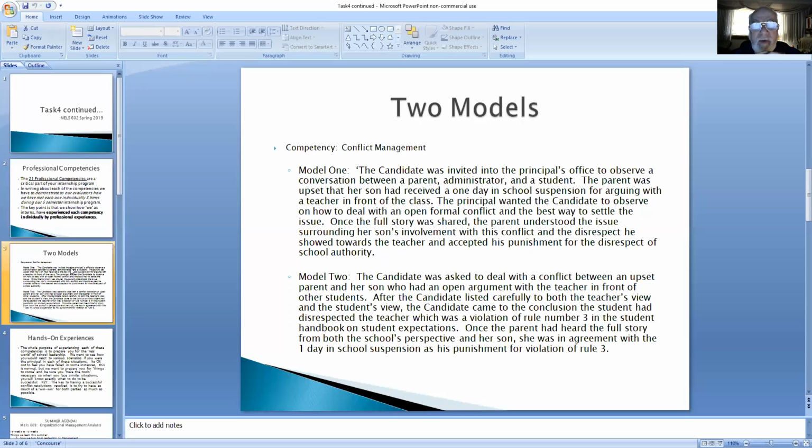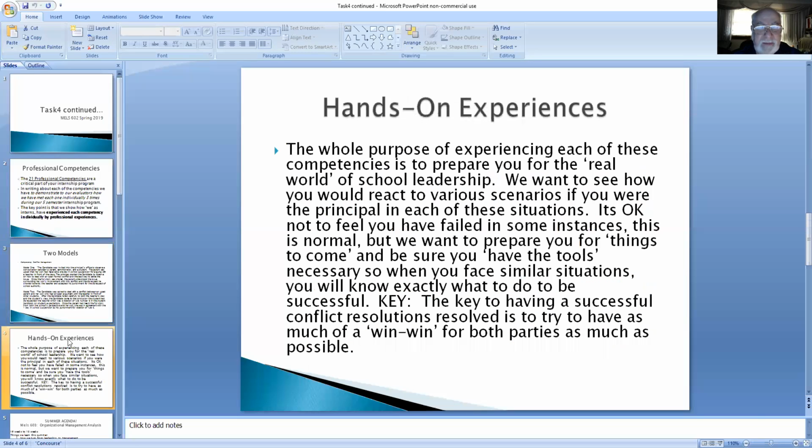So when I run into it, I'm going to give it back to you and ask you to find a time or give a scenario in which you had a direct hands-on involvement with this particular competency. I'm getting ahead of myself, and that's exactly what I just talked about here.